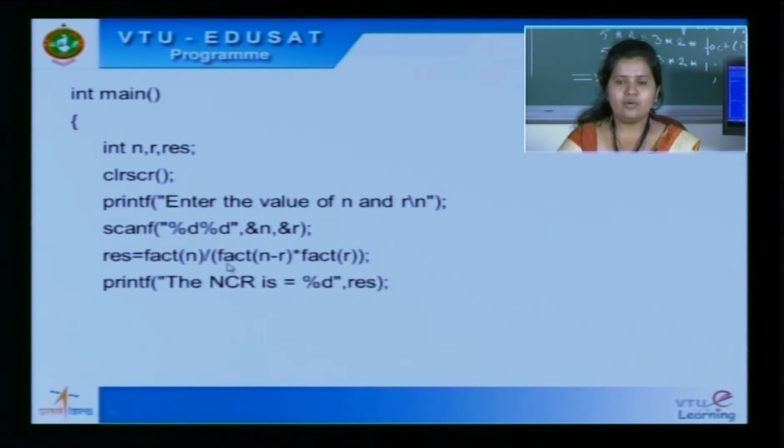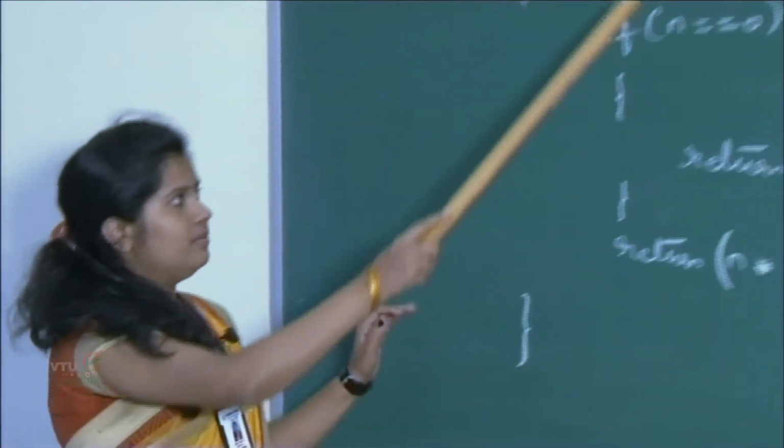Like this, we will compute fact of n minus r and fact of r. Then finally we are printing the result that is stored in the variable res. Then terminate the program.